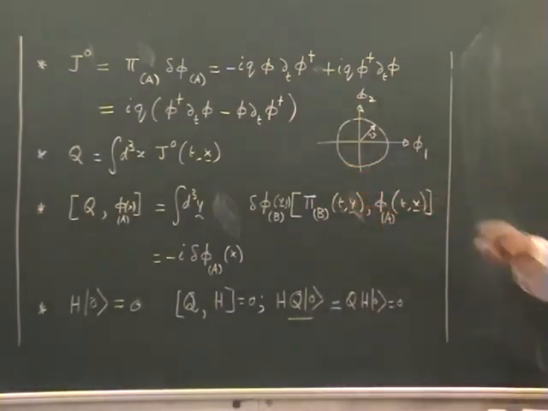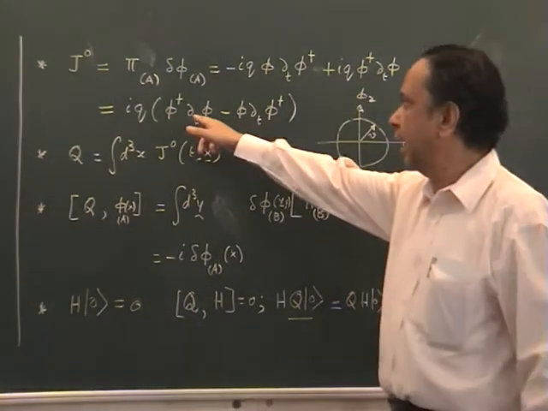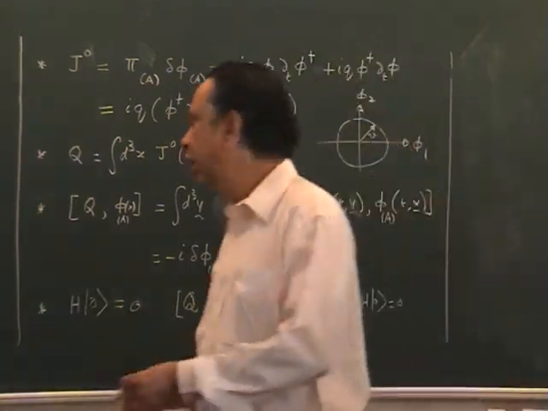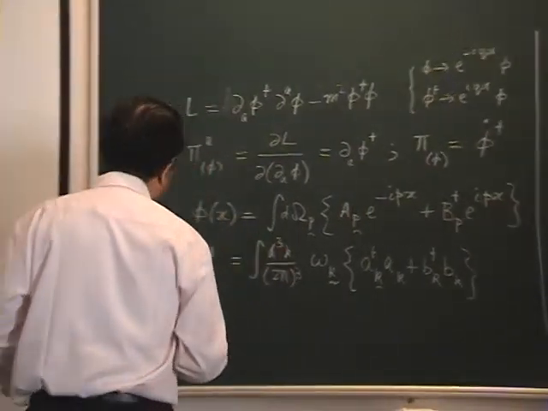Fine. So let us start with phi of x, and then I want the derivative of that, and then I need phi dagger. So let me write down the expression for phi dagger.